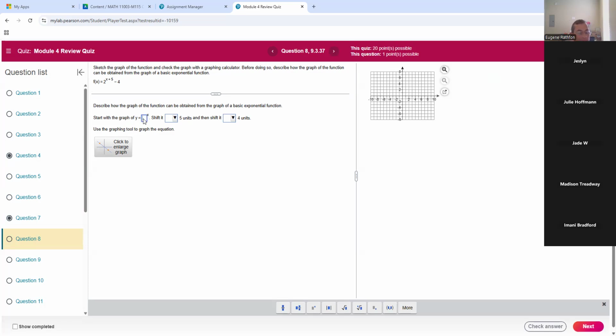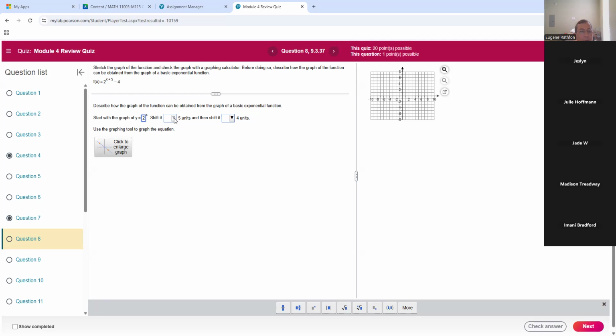In that box, what are we putting? 2, good job. Because you got a 2 to the x plus 5, so your base is 2. Now we're going to shift it blank 5 units. That 5 is being added to the exponent of x.